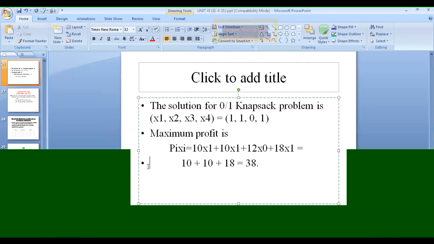That is 38. Profits of each object, excluding the third object. Third object is not considered. So when you take the sum, you will get 38.